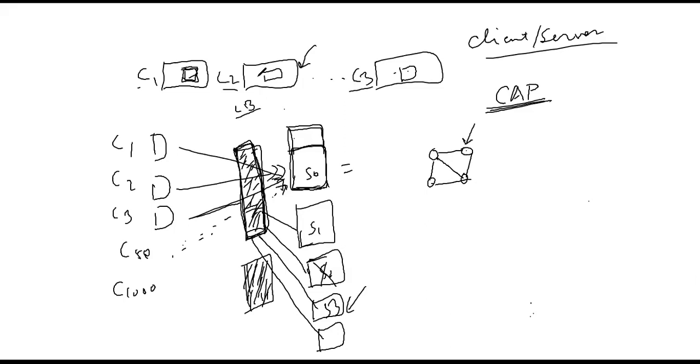If I write something here, I'm writing some value 5 here. And if I'm reading from another node, I should get a value which is greater than or equal to 5. That is consistency. Is that right? Why greater than or equal to? Because somebody might have changed that value also, right?